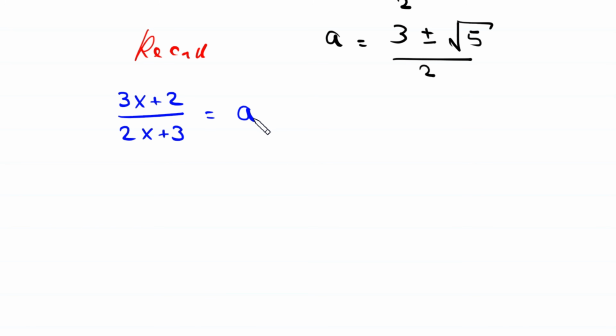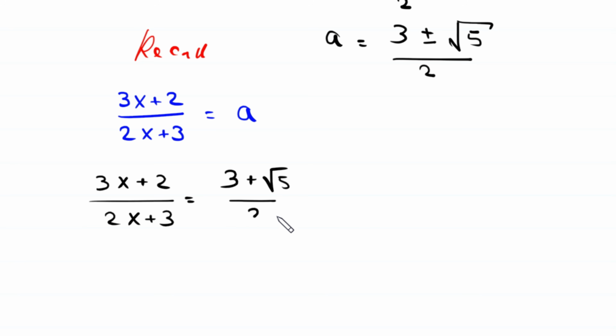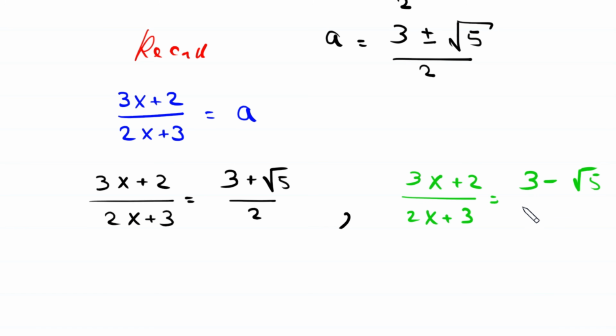So we have two cases. For the first case, we get 3x plus 2 divided by 2x plus 3 equal to 3 plus root 5 over 2. And for the second case, we get 3x plus 2 divided by 2x plus 3 equal to 3 minus root 5 divided by 2.